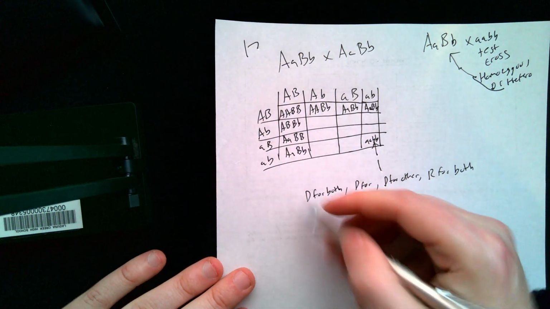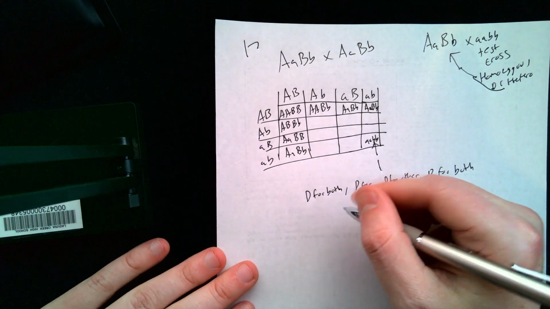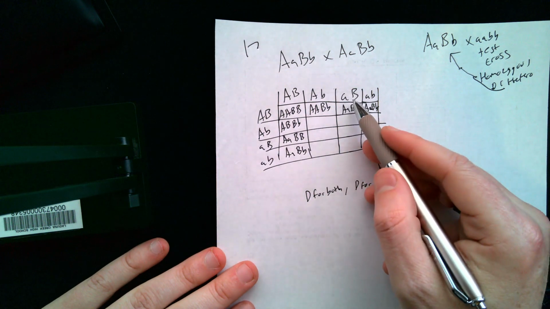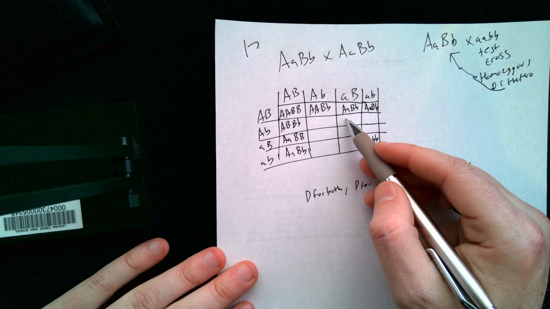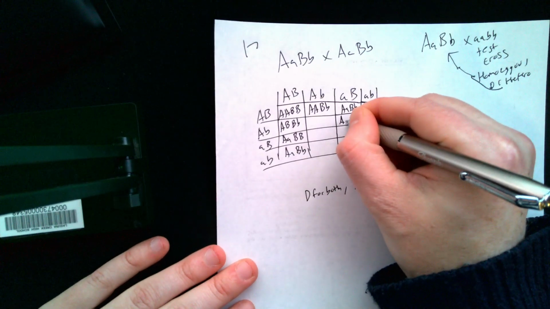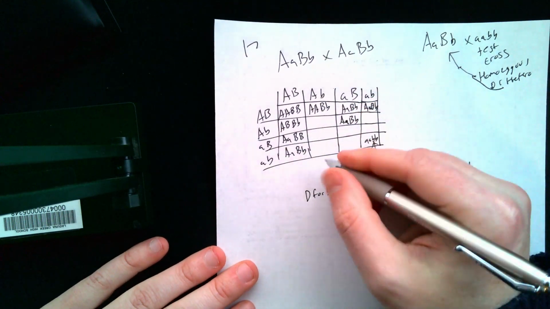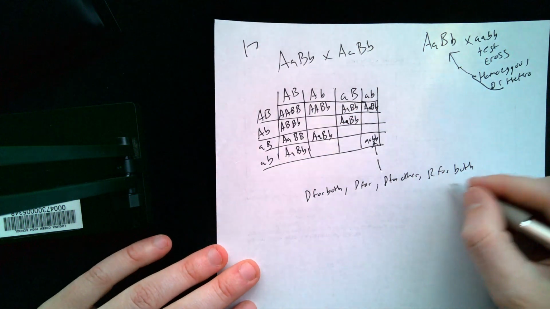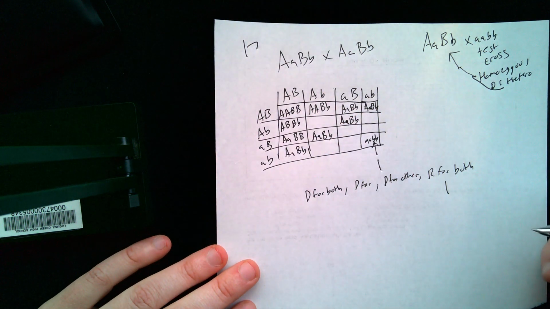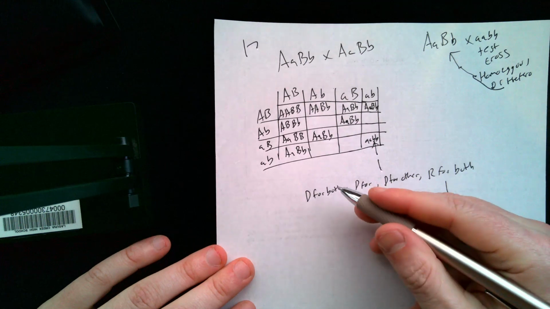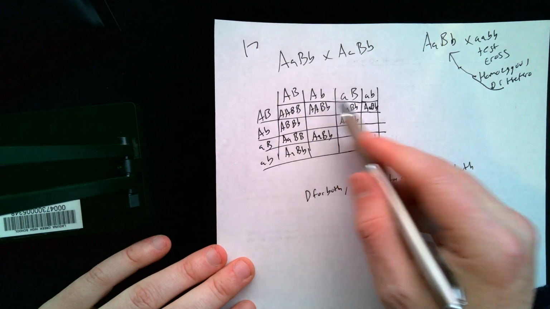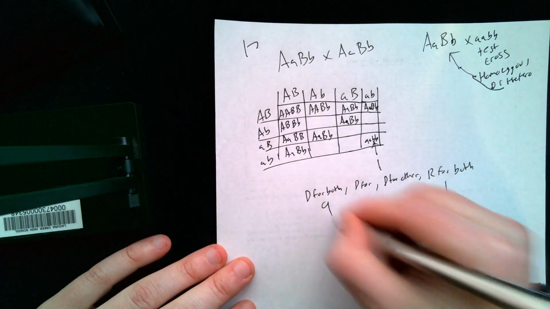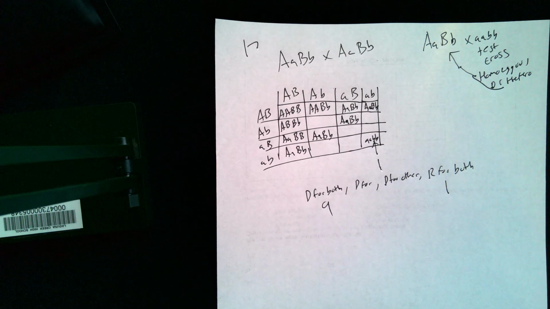And so we can see we have one box that is recessive for both. We have 9 that are dominant for both, 1 that's recessive.